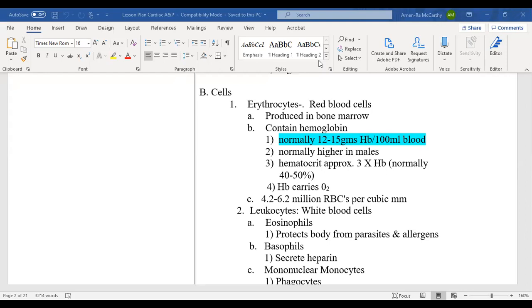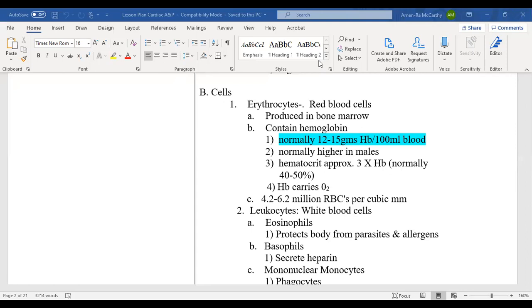Is it because males are normally larger than females? That's true, but what about the male is larger? Think about where it's made. Where are red blood cells made? In the bone marrow. So men have bigger bone mass than women, and the red blood cells are produced in the bone marrow.